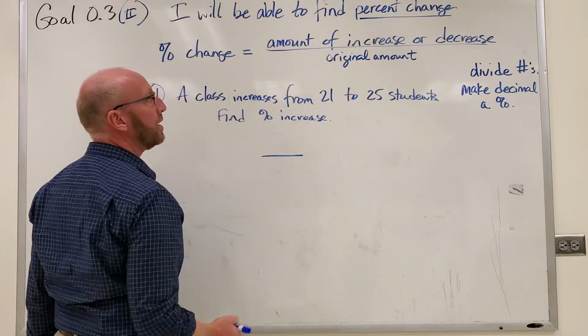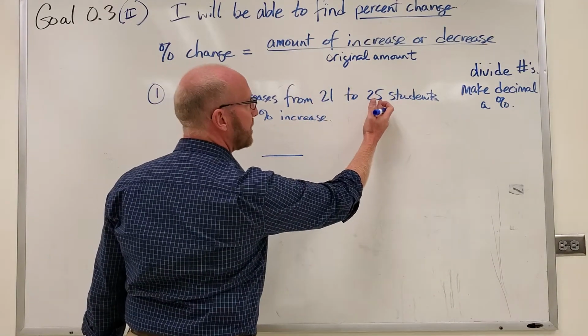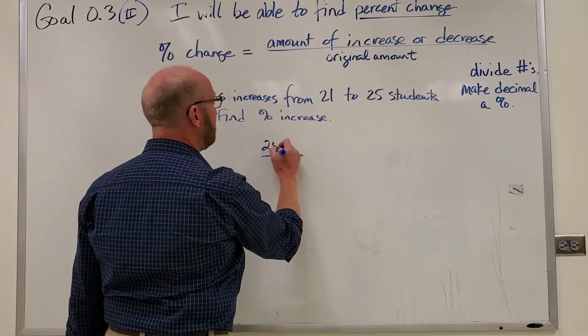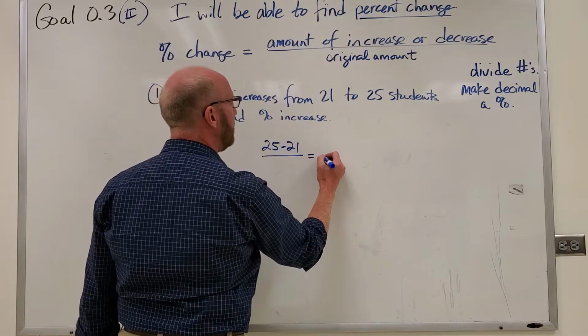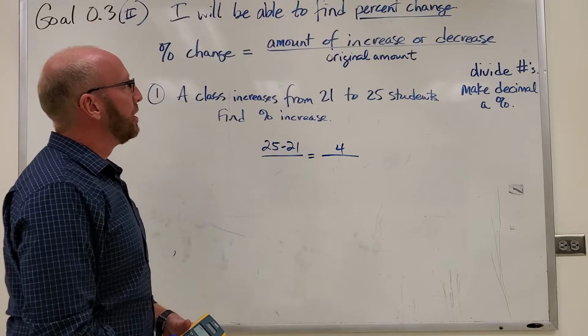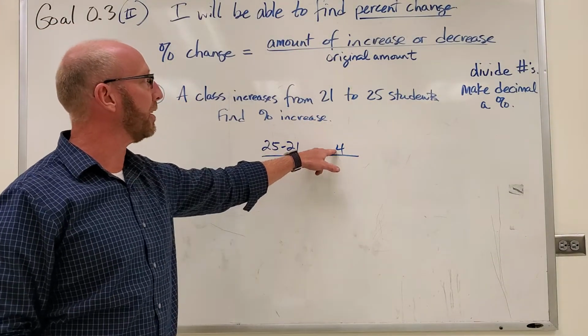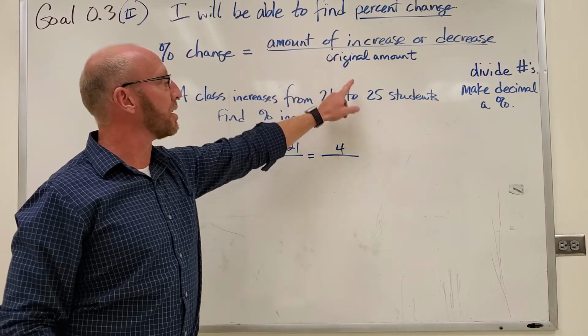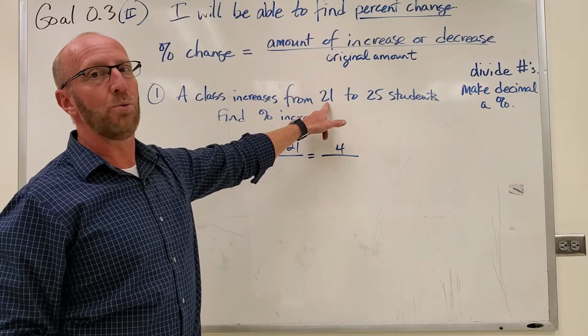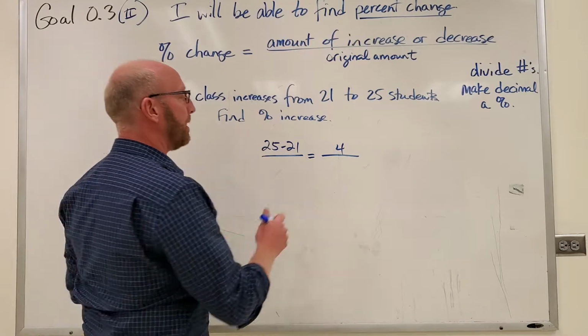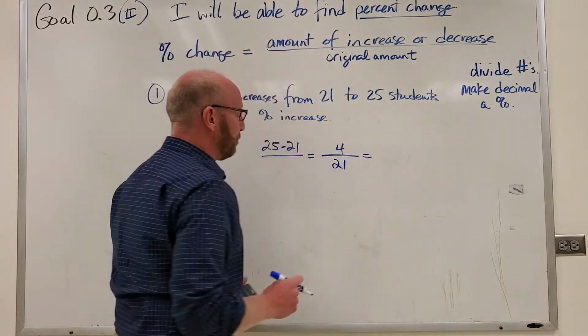So what did it increase? It increased by 4 students, right? 25 minus 21 is equal to 4. That's my numerator. The denominator is my original amount. I started at 21. I went from 21 up to 25. So it's 4 divided by 21.